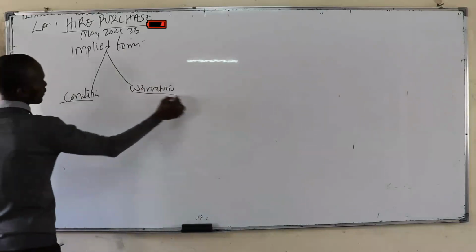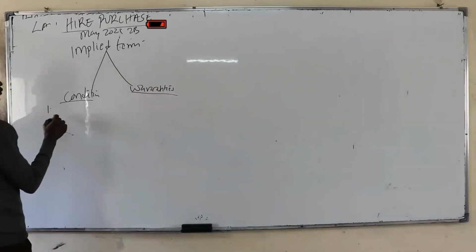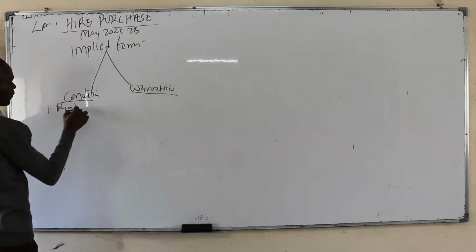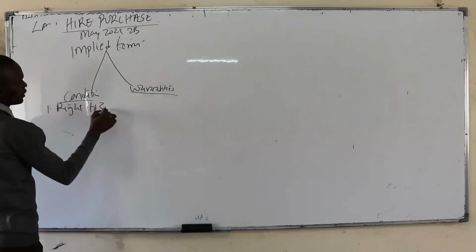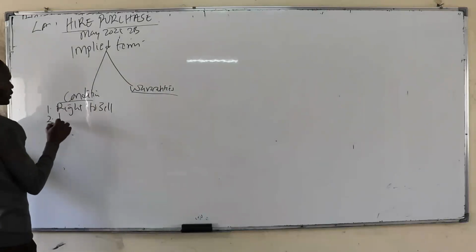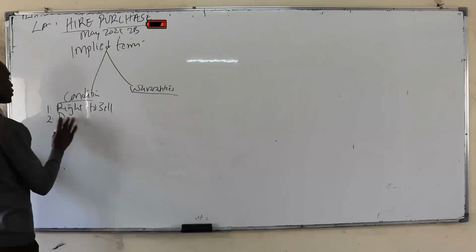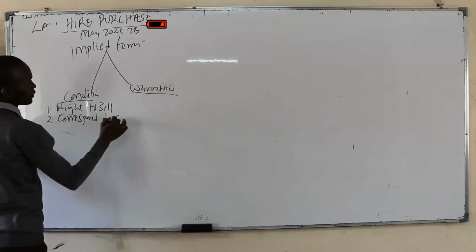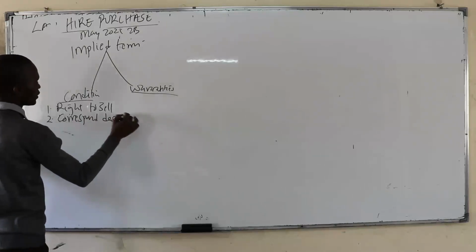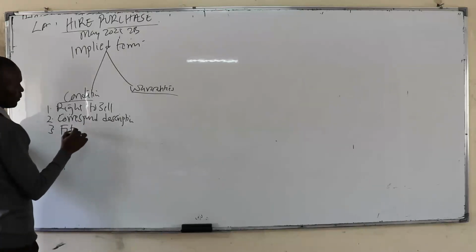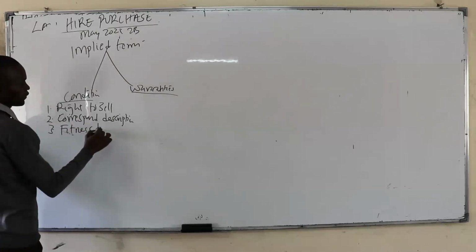So conditions are 5. Number 1, right to sell. Number 2, correspond with description. Number 3, fitness for the purpose.